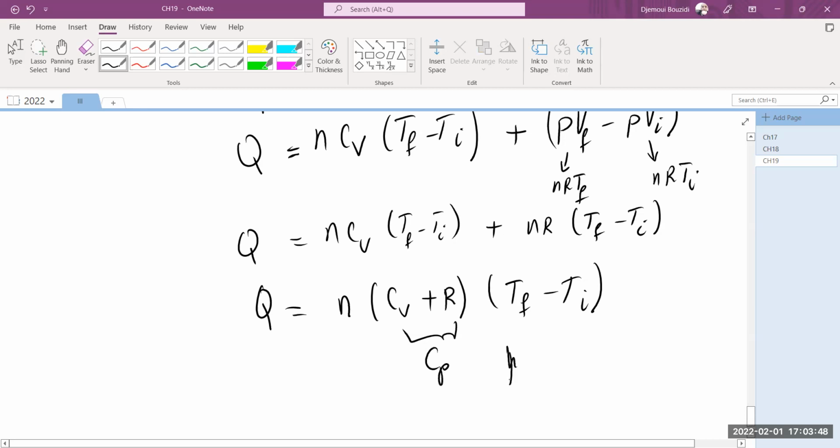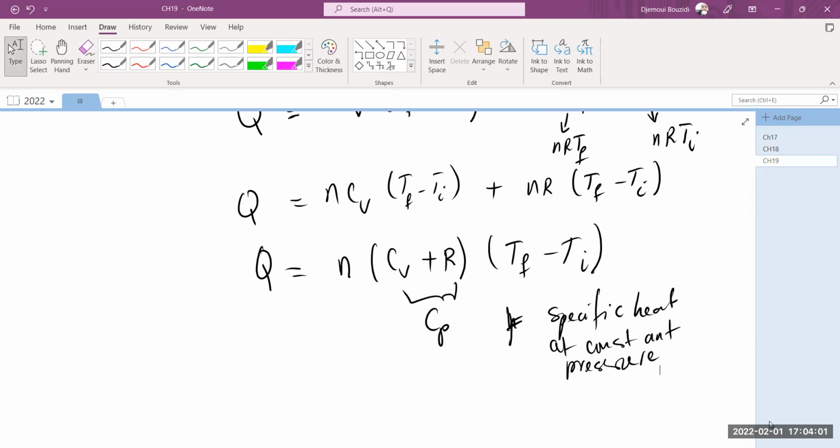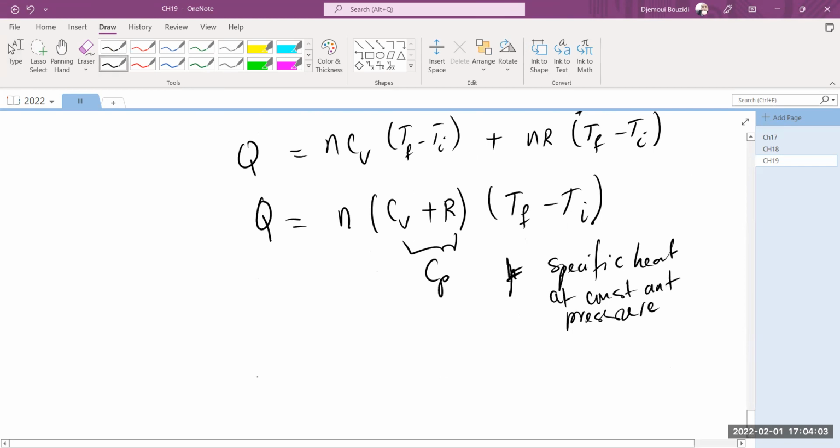This is the specific heat at constant pressure. Having done it this way, the heat in this process can be written as N C_P times T_F minus T_I, and this is a molar specific heat, per unit mole.